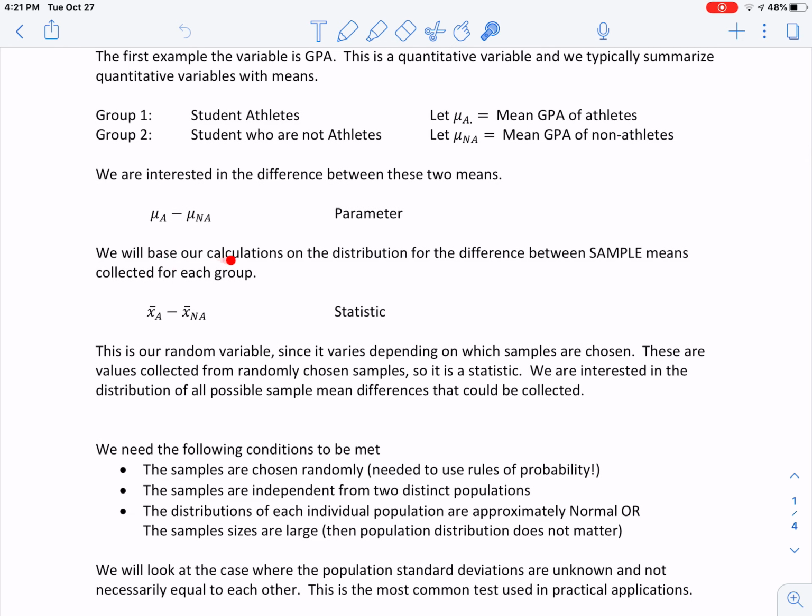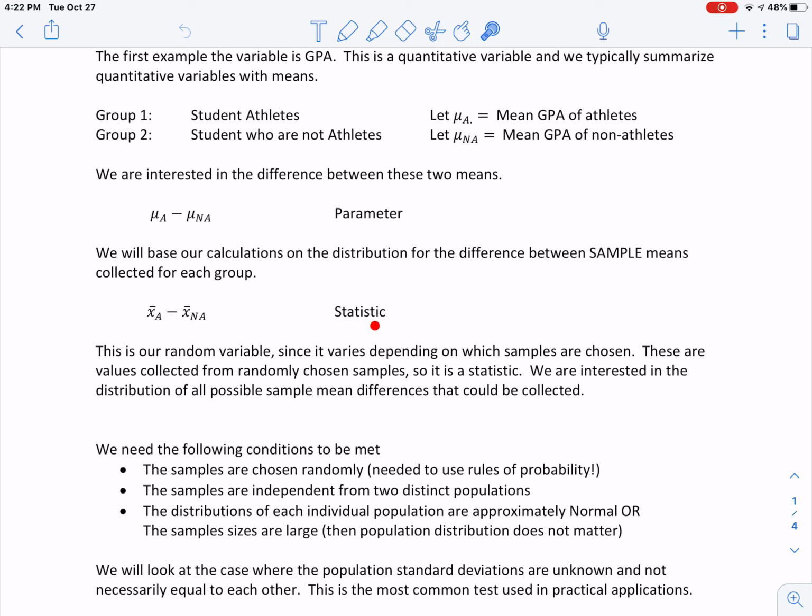Now we're going to base our calculations on the distribution for the difference between sample means collected for each group. So now we're going to use an x bar for the two groups because these are represented as means for samples, not means for populations. And we're going to take one group and find the mean for the athletes. Then we're going to find the mean GPA for the non-athletes, and we're going to subtract these two.